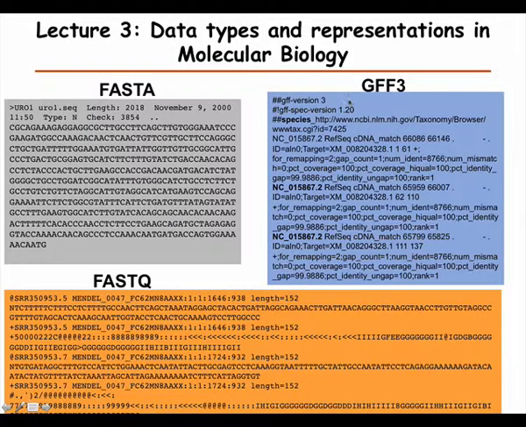Then there are other formats to describe, for example, protein mappings to the genome and other features mapped to the genome. GFF3 is one other format. But as you'll see, there are many, many more formats, and there's always a lot of work involved in converting between different types of formats.